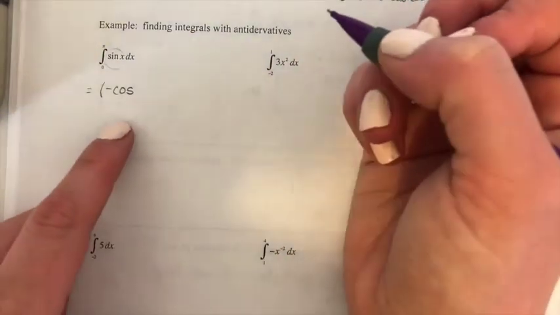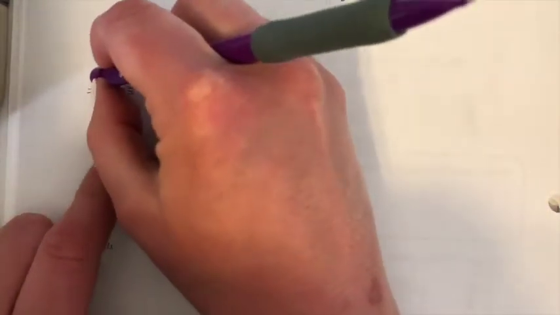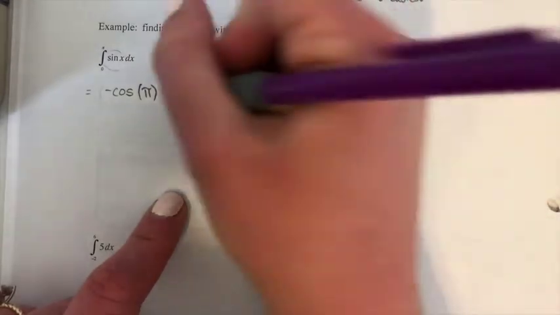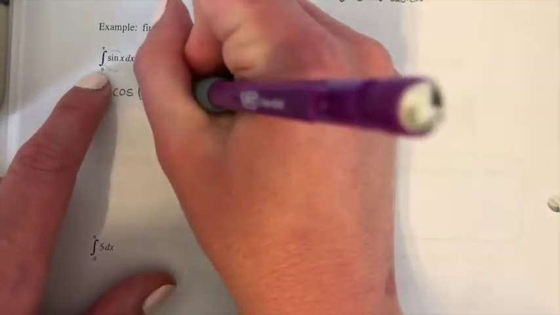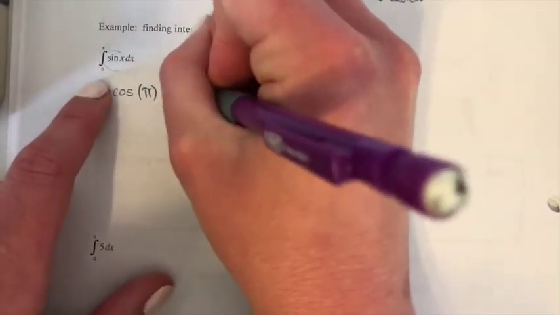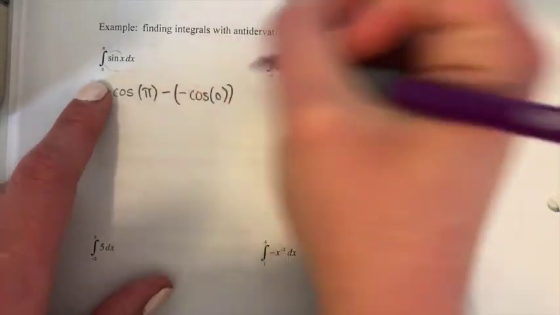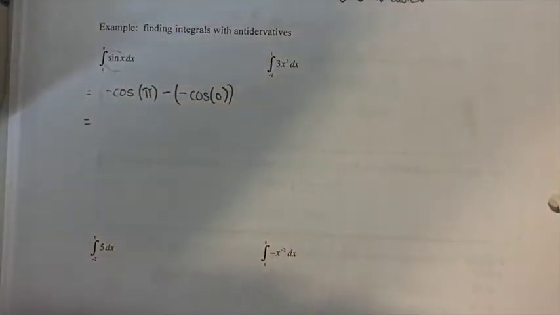And then I'm going to have my upper boundary plugged in first, and then minus the antiderivative, so negative cos of the lower boundary plugged in there.